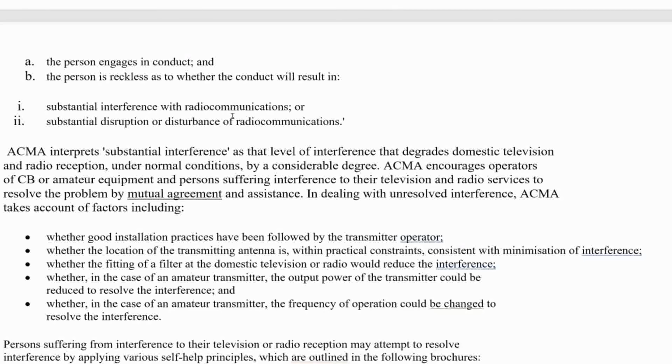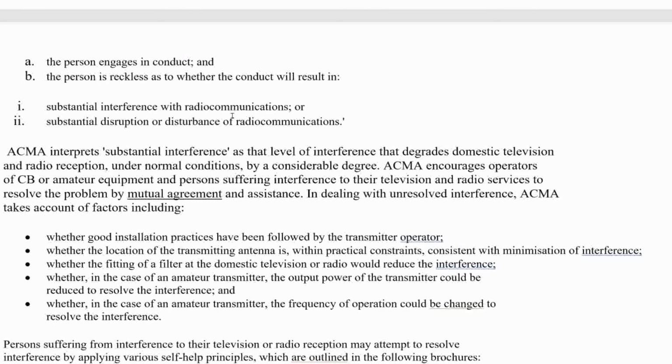Really, what this is talking about is deliberate interference. If you install things poorly or you don't take reasonable steps and you cause interference, it can get you into strife. What the ACMA is particularly interested in is you causing interference to other licensed communication services.